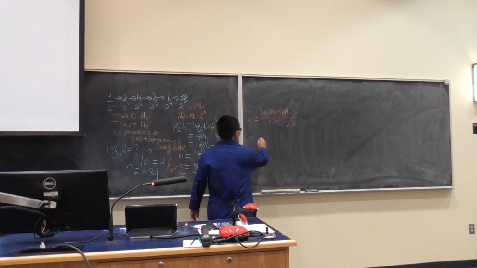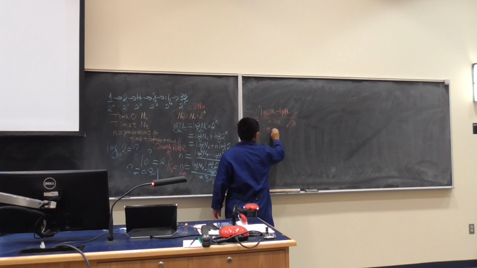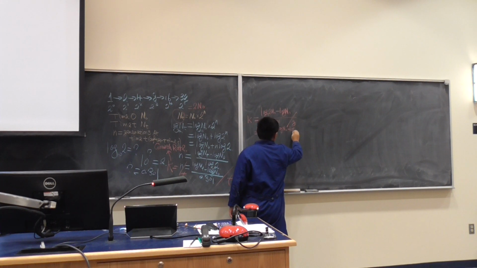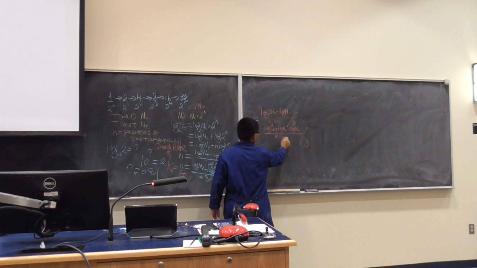So what is going to be there? Log 2 plus log N0 minus log N0 divided by g. This is gone. This is gone.